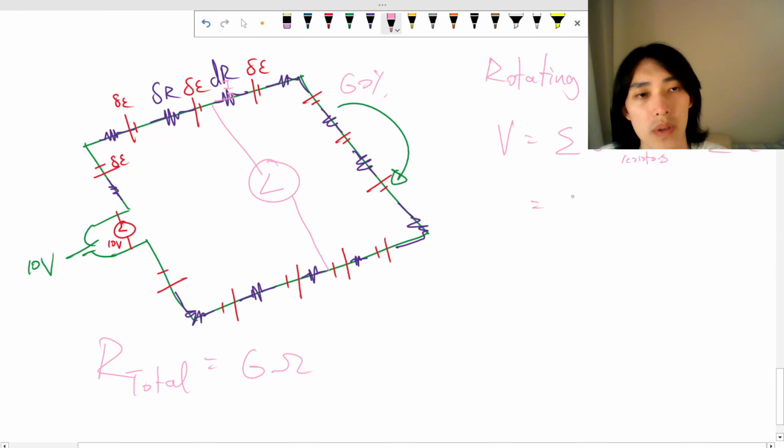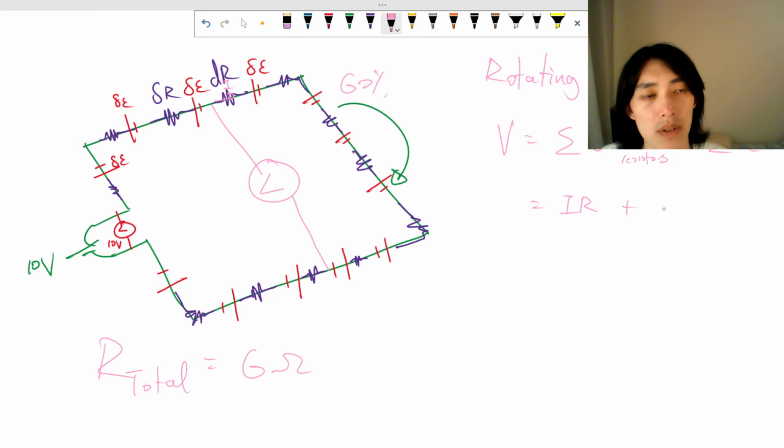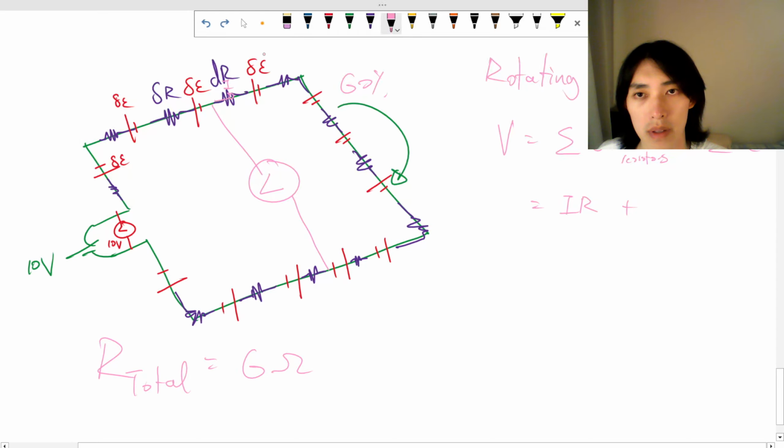So as before, we have our IR, times the proportion of the R, plus the sum of the epsilons, and it's only going to be the epsilons across there, plus the back EMF.